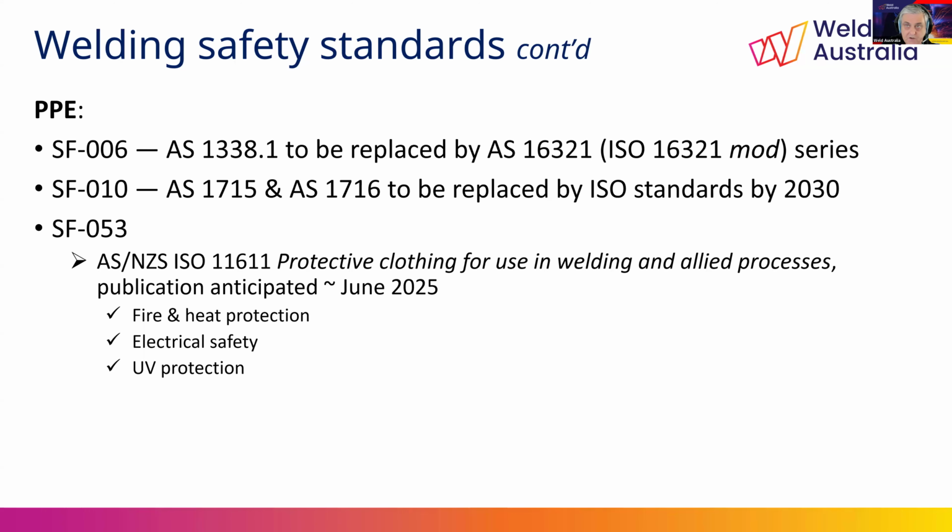Now, the full details of these changes are going to be covered in a webinar produced by Standards Australia. Unfortunately, the webinar that was scheduled to run failed due to technical difficulties, and this webinar has now been deferred until Friday, the 2nd of May.